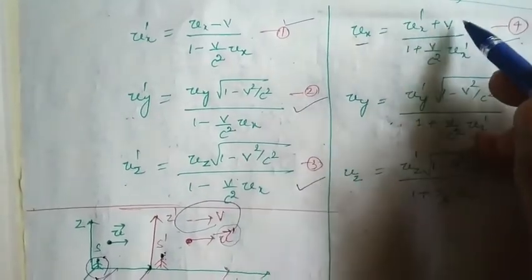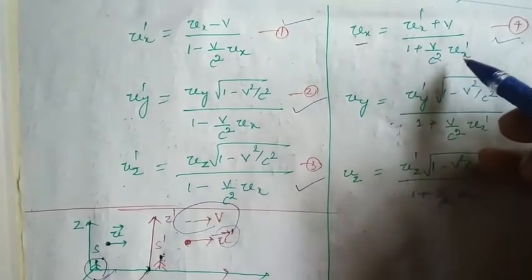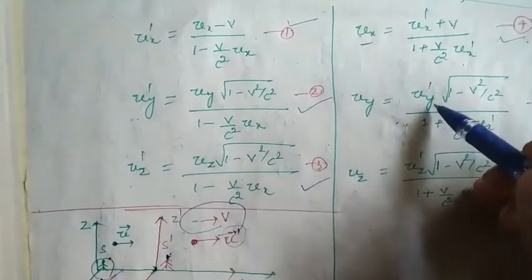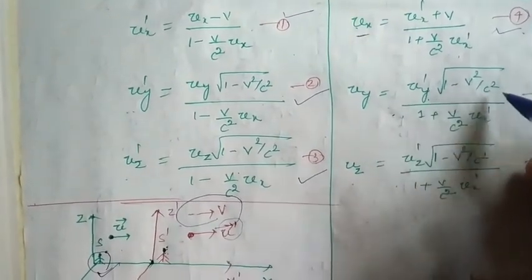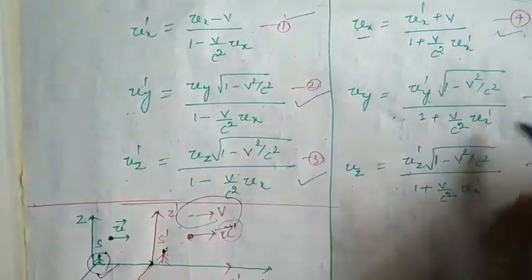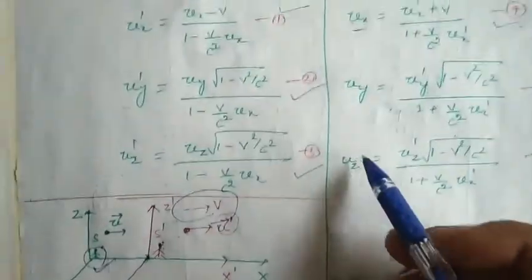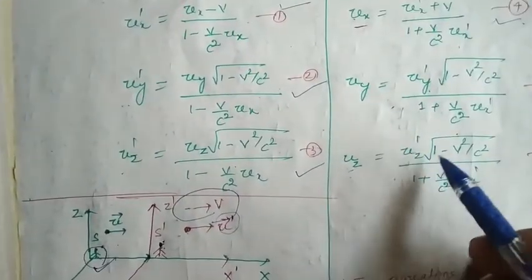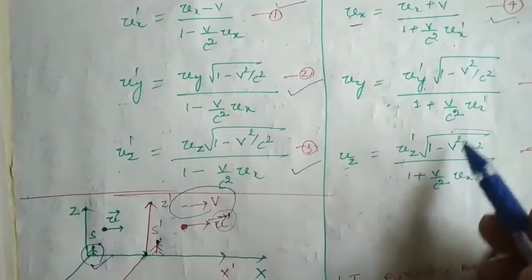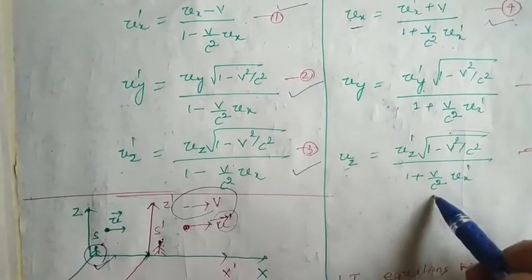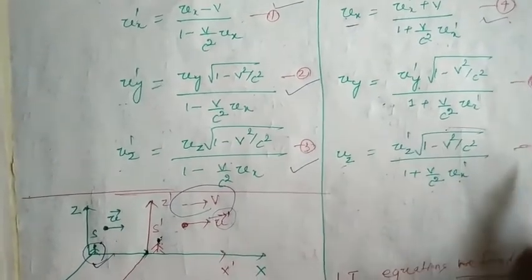Ux equals ux dash plus v over 1 plus v by c square ux dash. Uy will be equal to uy dash into square root of 1 minus v square by c square, over 1 plus v by c square ux dash. Uz equals uz dash into square root of 1 minus v square by c square, over 1 plus v by c square ux dash.